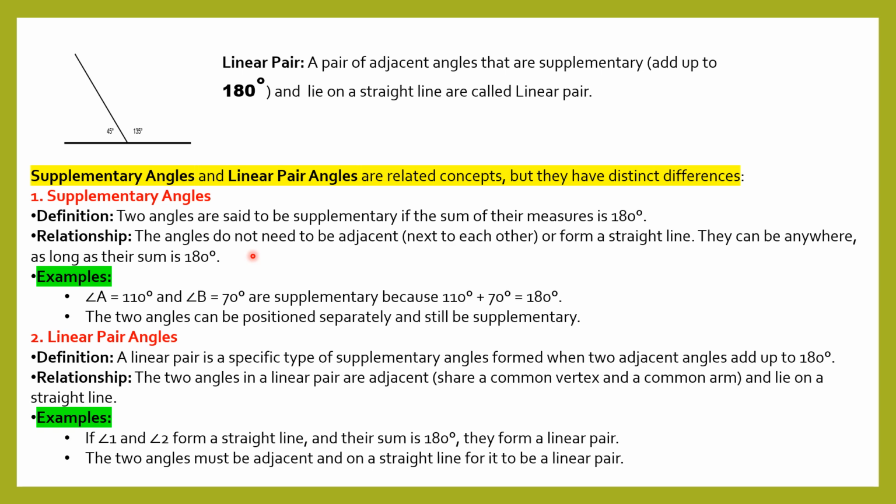Now, supplementary angles may lie on the same straight line or may be two separate angles altogether. However, the two angles in a linear pair are adjacent, that is, they will always share a common vertex and a common arm. And this is the basic difference between a linear pair and supplementary angles.